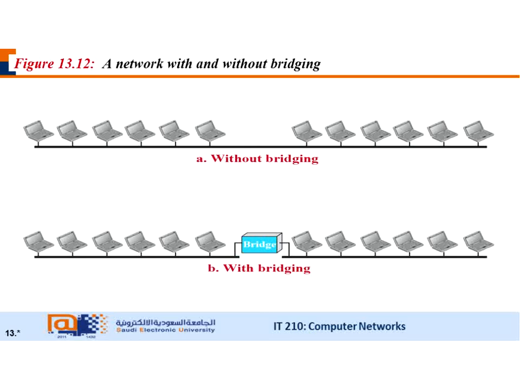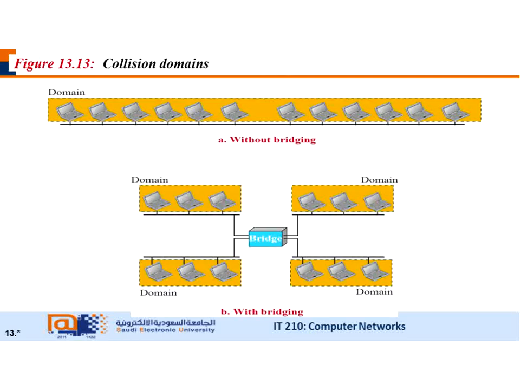You can see that the collision domain becomes much smaller and the probability of collision is reduced tremendously. Without bridging, 12 stations contend for access to the medium, and with bridging, only 3 stations contend for access to the medium.